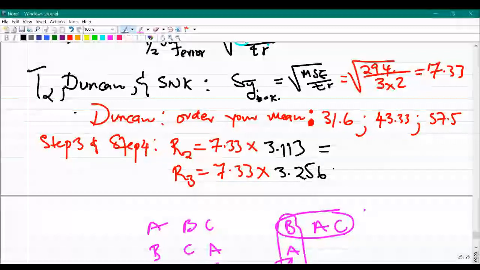When you apply the mathematics, what is your final answer for R2?